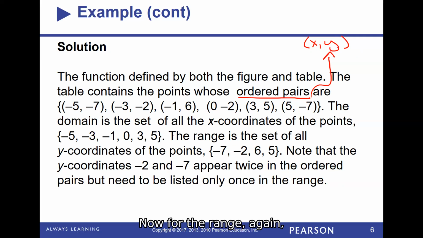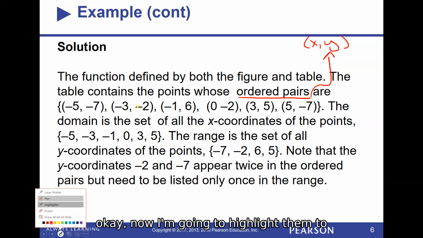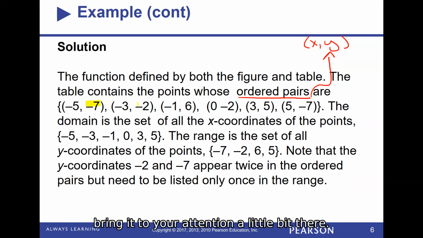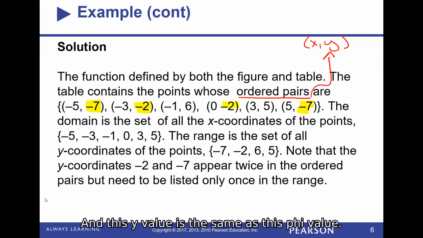Now for the range, again, that's going to be that y value, that output. And what you're going to want to do there is take all of those. Now you'll notice as I'm looking through these, I've noticed that -2 and -7 both repeat. So as you take a look at those, and I'm going to highlight them to bring it to your attention, we see that this y value is the same as this y value, and this y value is the same as this y value.